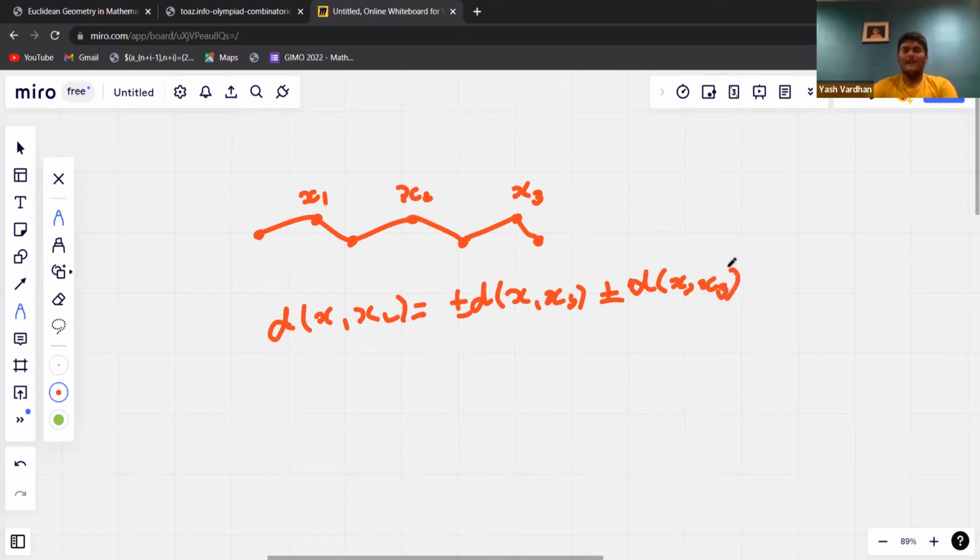Does everyone get it? You can think about it for some time. For any permutation of 1, 2, 3, you can write it like this if they are on a path. Basically, x1, x2 is x1, x3 and then you subtract x2, x3. For a general case, you can write it as plus minus because this will allow us to work in mod 2, since plus minus doesn't really matter in mod 2.